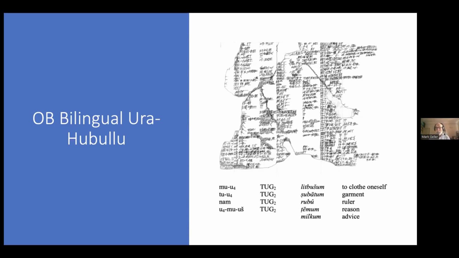That is, the students within the school had to translate them orally in class. So we can't always tell just from the written record. Now, lexical lists are particularly significant.